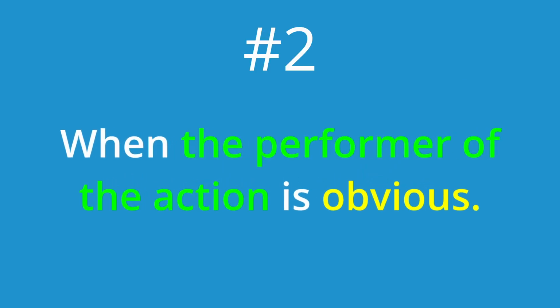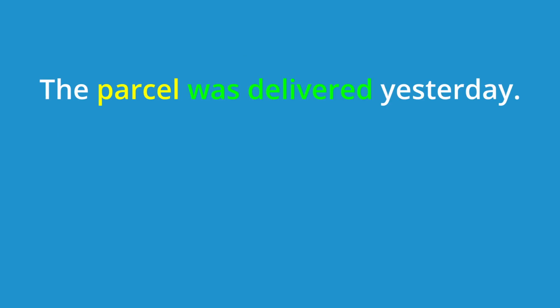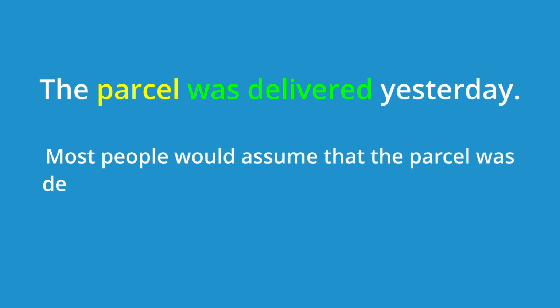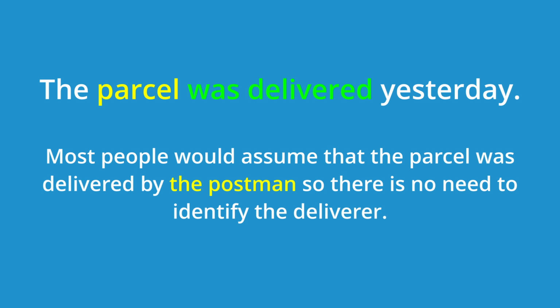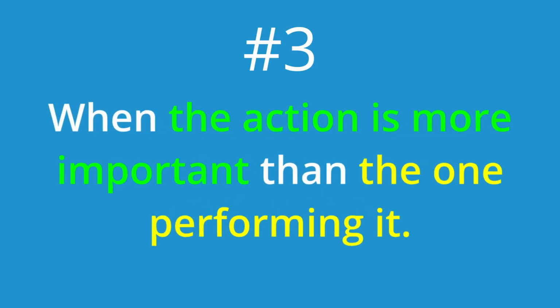We use the passive voice when the performer of the action is obvious. For example, the parcel was delivered yesterday. Most people would assume that the parcel was delivered by the postman, so there is no need to identify the deliverer. We use the passive voice when the action is more important than the one performing it.